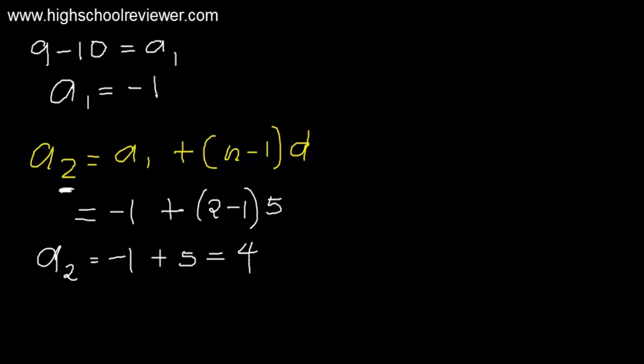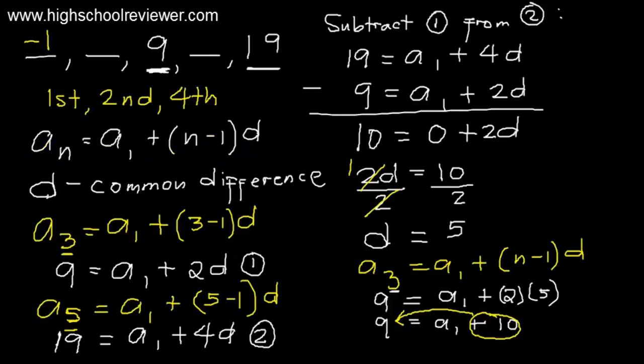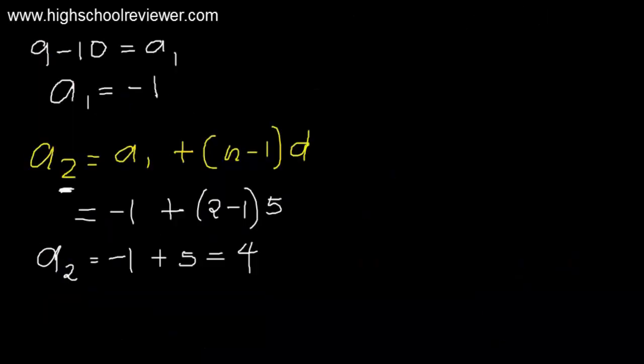Let us now find the value of the fourth term. So a sub 4 would be equal to a sub 1 plus n minus 1 multiplied by d.